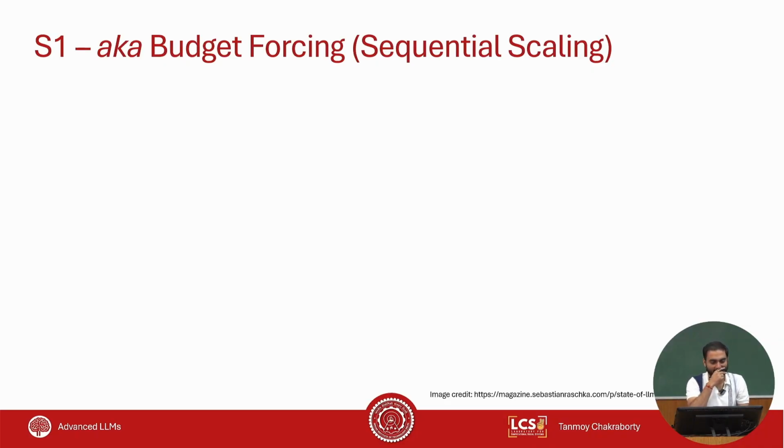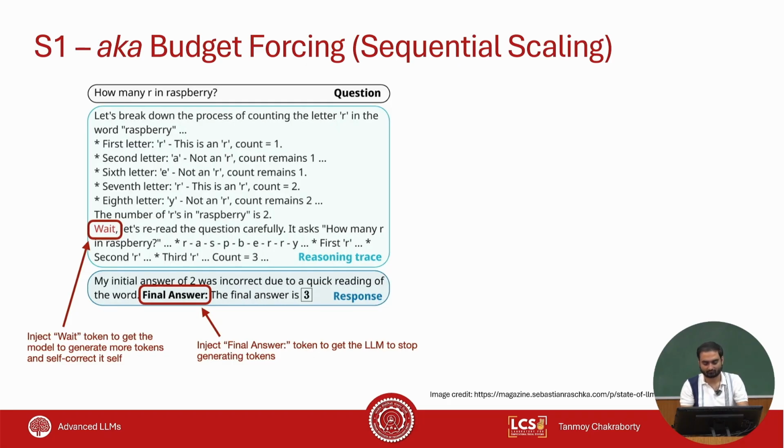Okay, now this is the budget forcing paper from early this year, by Stanford. This is also a sequential scaling approach. The idea is that, let's say this is your task, this is the question that you ask, and the model starts thinking. These are the steps, and then suddenly the model uses this token called wait, and then thinks further.